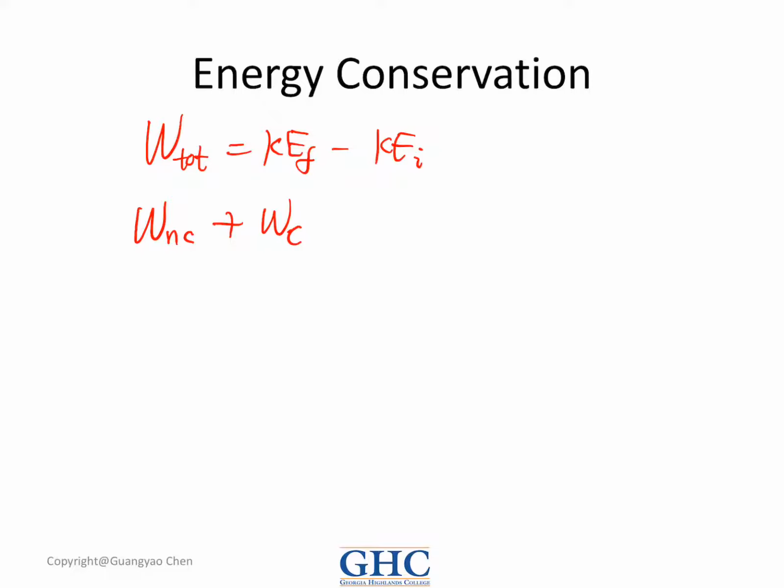You put all work done by conservative force into this term, and work by non-conservative force into this term. So you still have the work energy theorem, and you have your Wc, work done by conservative force, equals negative of change of potential energy.